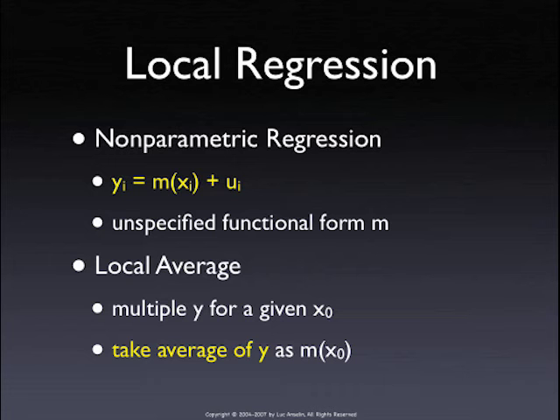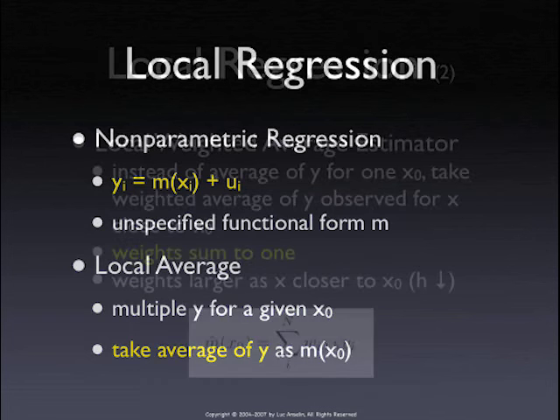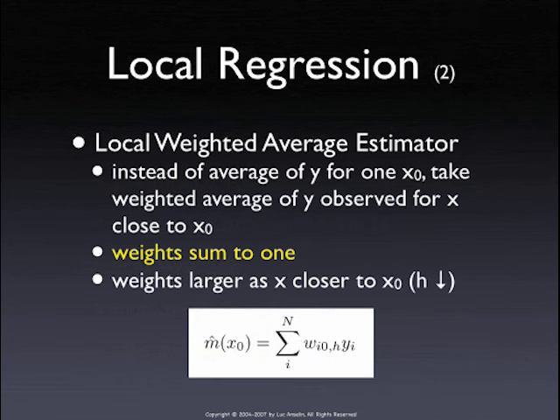And we can go even further and make this a moving bin. So at each point on the x-axis, we can think of a bin that contains some of these y variables, and we compute the average of these y variables. That is a notion of a local mean, or a local weighted average estimator.